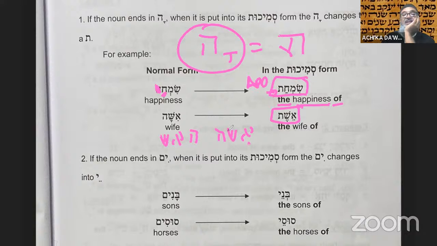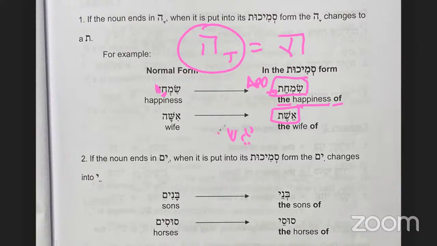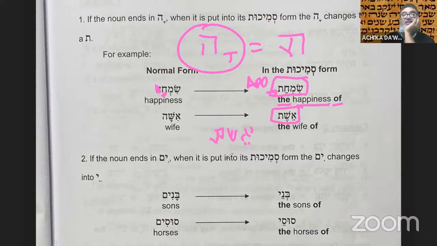But because this word in particular is the first noun, I've got to change that last letter to what? A tav. That's just the rule. Then it would be Eshet Ha'ish. That's just the rule. You've got to change it.